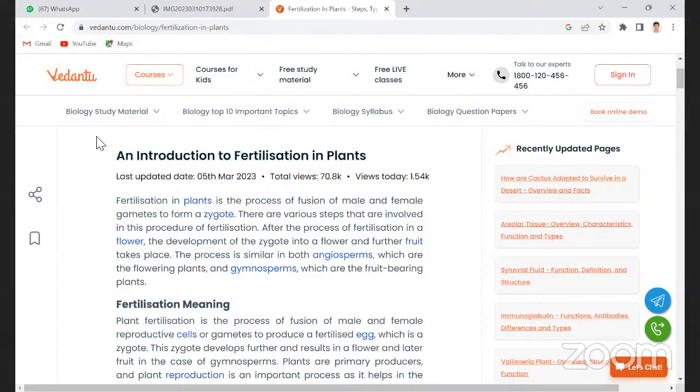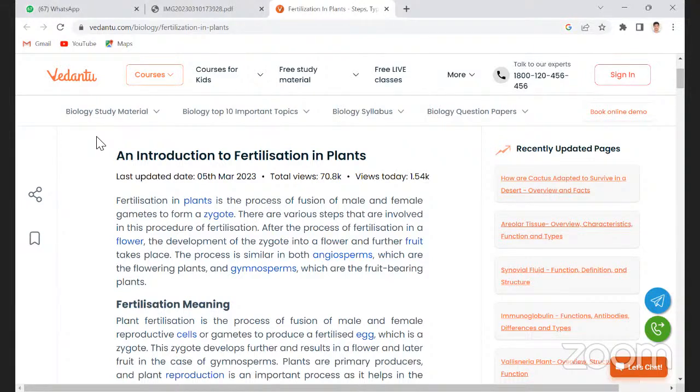Fertilization in plants is the fusion of the male and female gametes during sexual reproduction. In angiosperms, the flowering plants, male gametes are produced inside the pollen grains, and the female gametes inside the embryo sac.